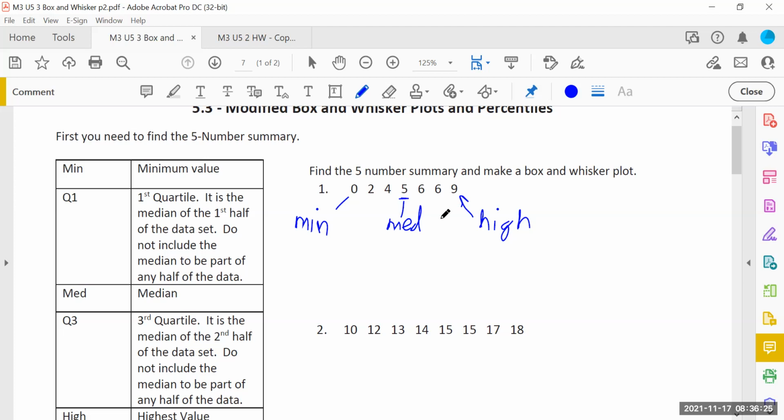Quartile 1 is the median of the lower half, so the median of these numbers, not including the median of the whole set. So this 2 is quartile 1 because it's the middle number for the lower set. This up here, 6, is quartile 3 because it's the middle of the upper set.